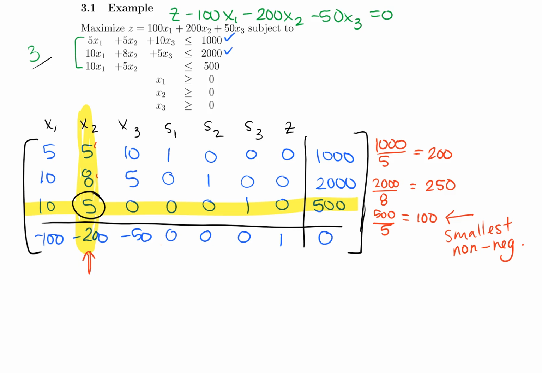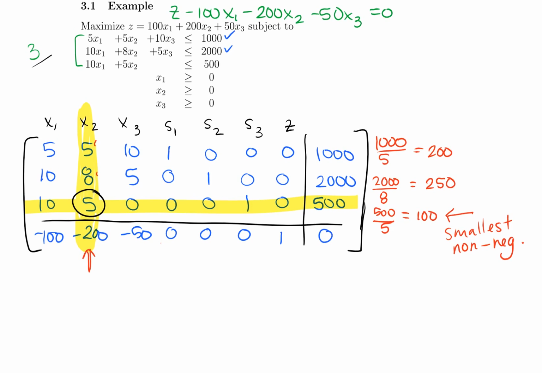So the 5 is our pivot element. We're going to pivot on the 5 and use row operations to make the 5 a 1 and to make every other entry in that column a 0. But first, before I forget, this is important here.